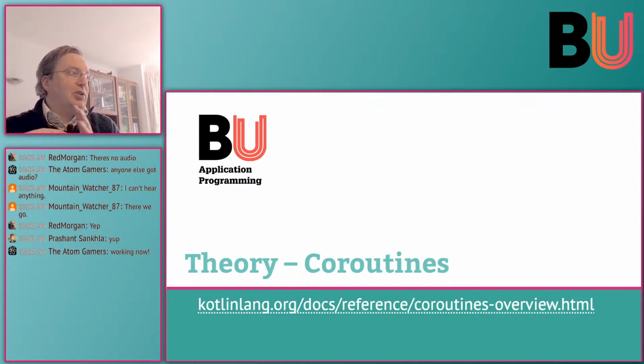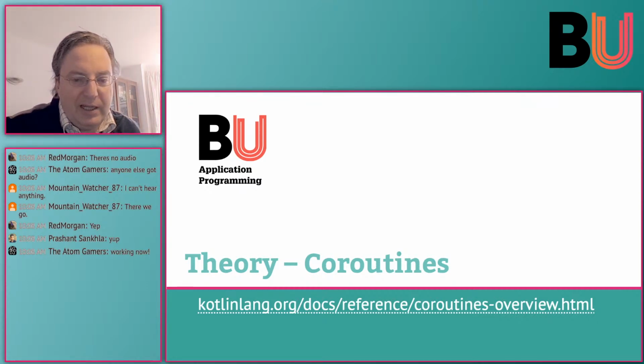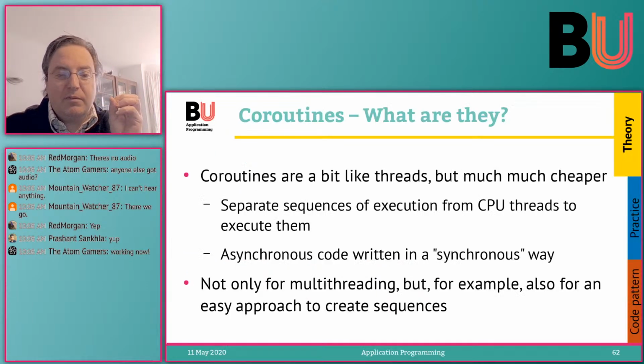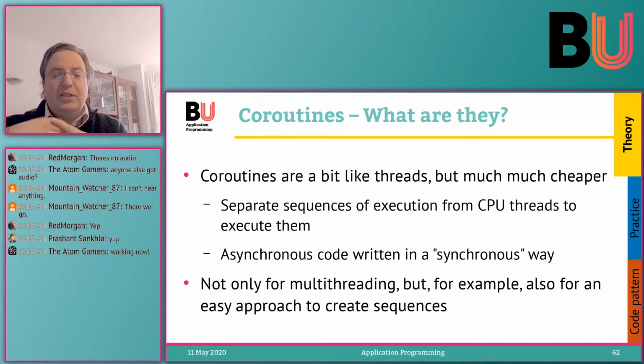Then we're getting towards the end. We have coroutines. Coroutines are a little bit like threads, but cheaper. Talked about this last week. So they allow you to do many things. Basically they allow you to suspend your computation and then pick it up later. You get a continuation that says, okay, finish now this computation.